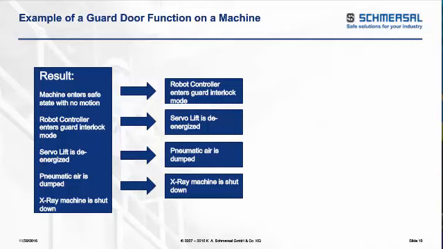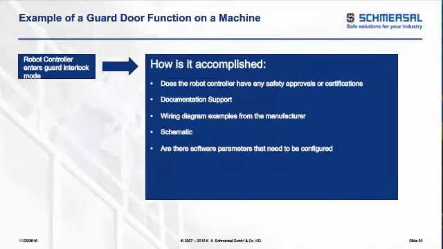So the first one we're going to look at is the robot controller. There's a big difference between older existing robot controllers and a lot of the new robot controllers that you can get commercially available now from several different robot manufacturers.